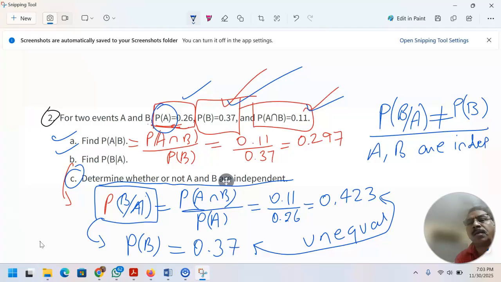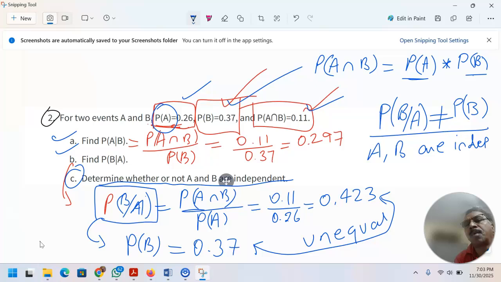In other words, this multiplication rule also fails. If two events are independent, then this formula always works. It means you just have to multiply the two probabilities.